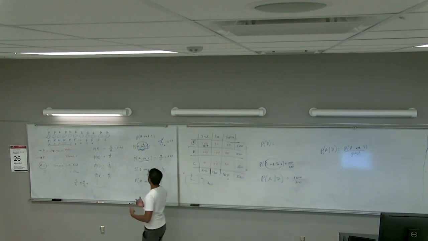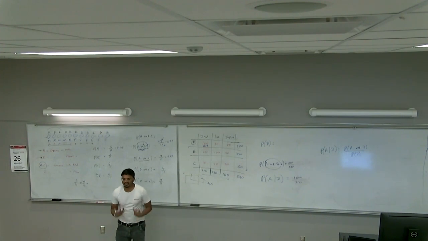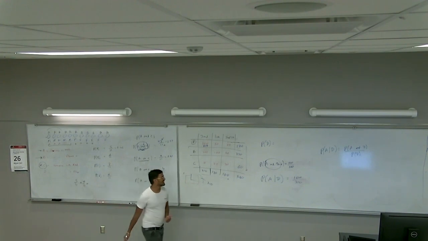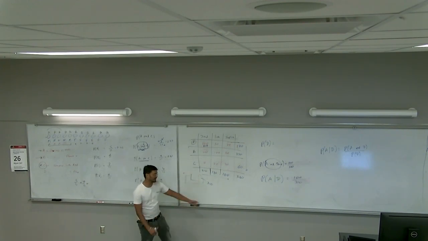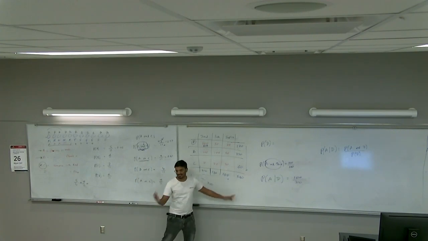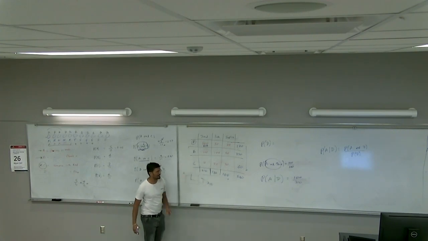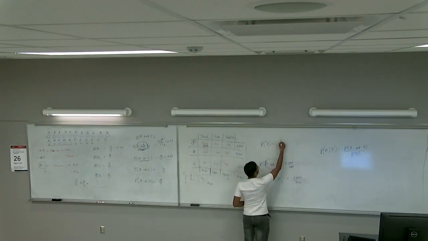Probability of finding a dead tree in this forest. Very good. So if we think about this entire forest, what is the probability of finding a dead tree? There are 580 total trees. Out of those 580, we have 310 dead trees.